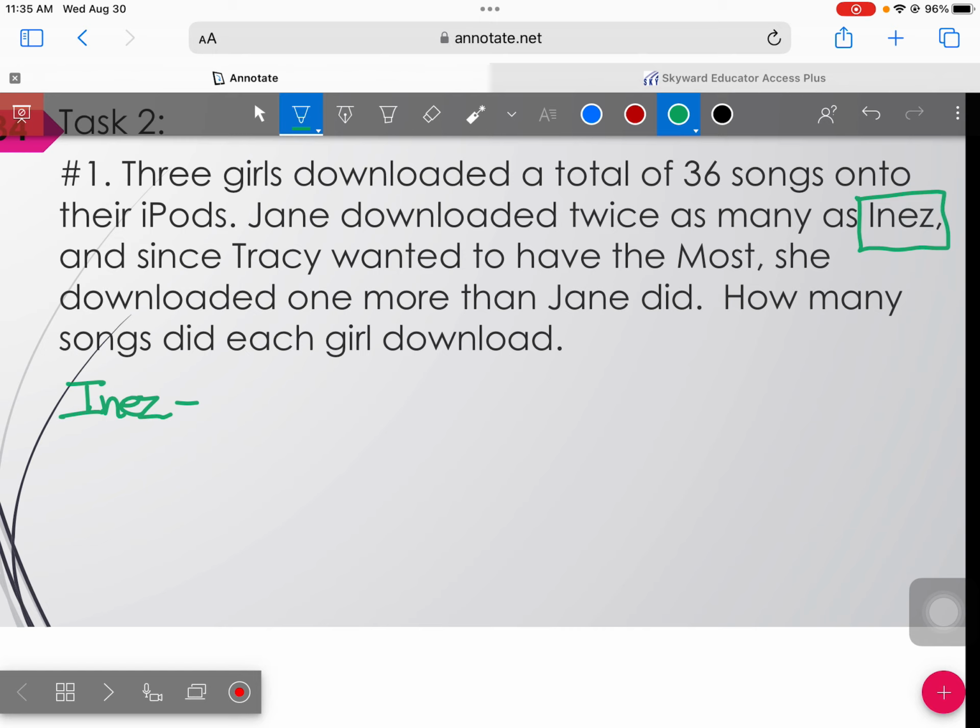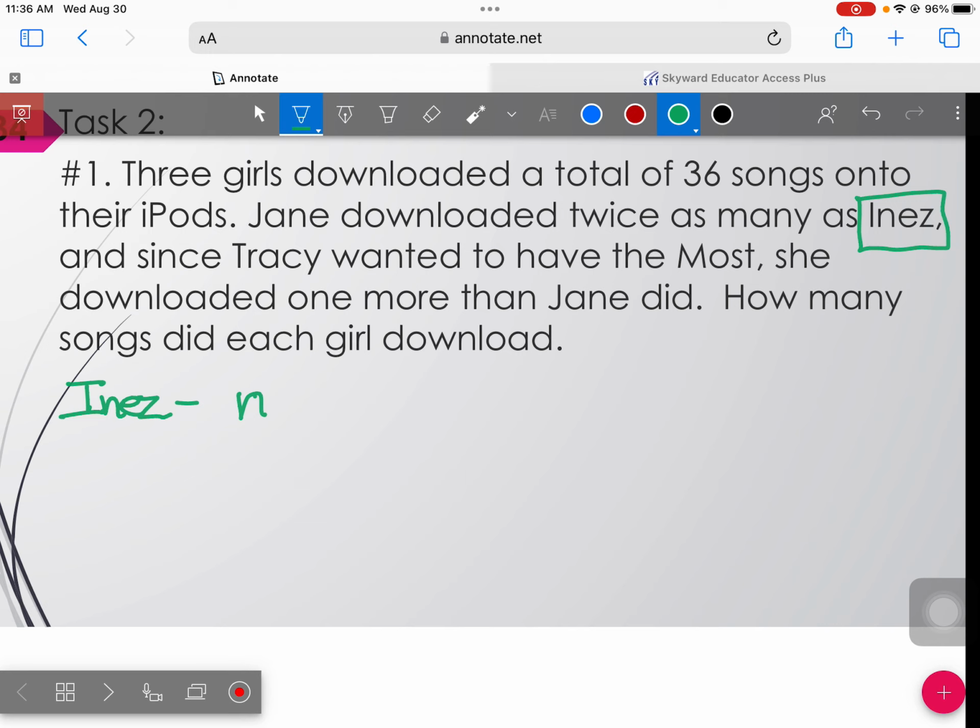A variable, right? A variable N. We'll use N. You could use I, you could use J, whatever.